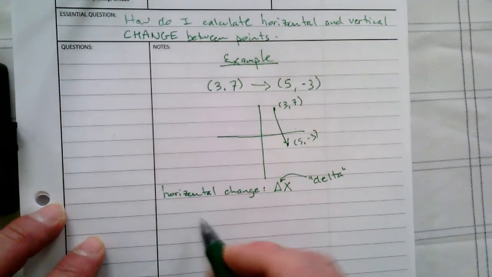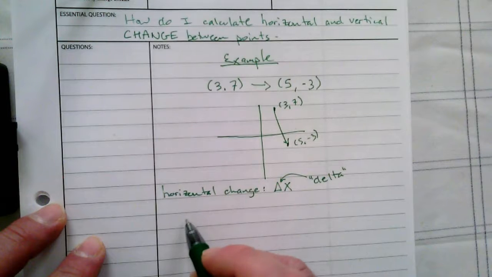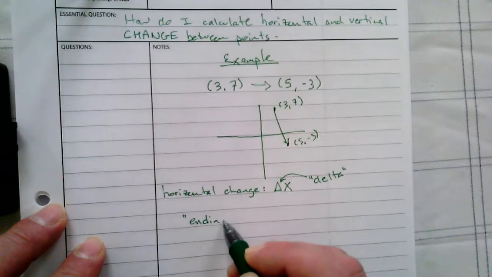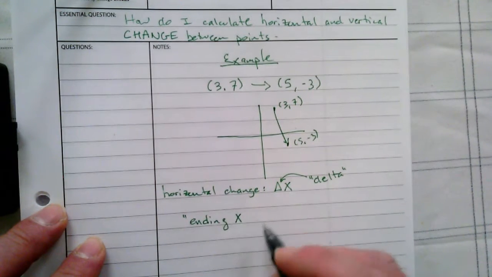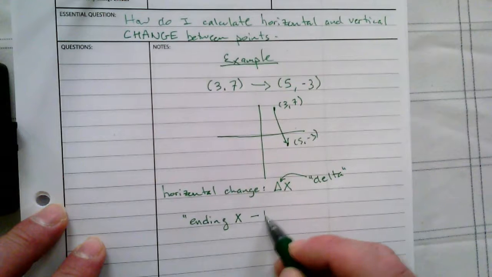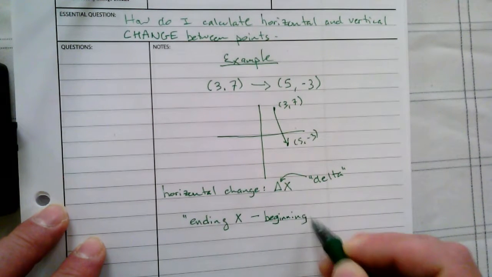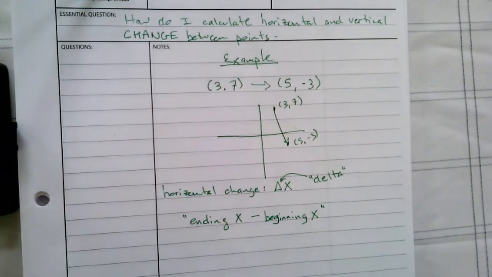Horizontal change is ending x minus beginning x. A lot of times when we see formulas, we might see x1 minus x2, or xb minus xa.